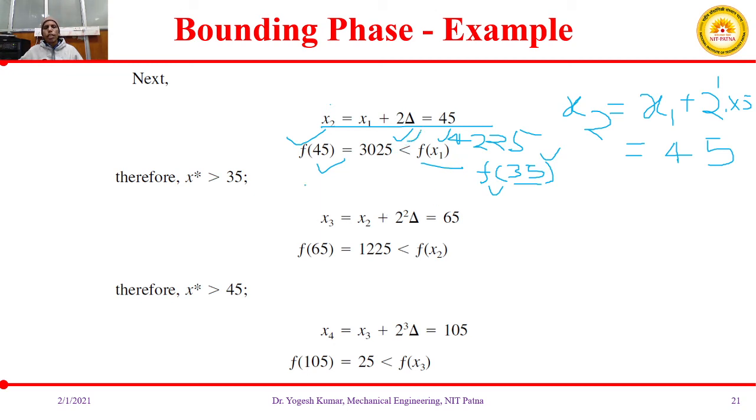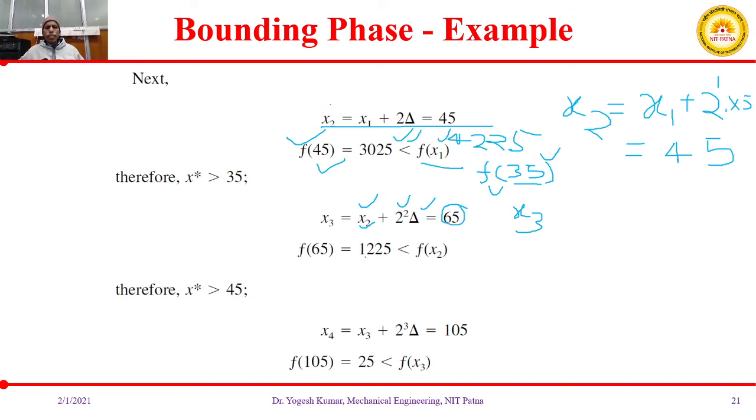Now let us calculate the next value of x, the next step, that would be x3. So x3 equals x2 plus 2 raised to the power 2 into delta. If you calculate, this is 45 plus 2 raised to the power 2, means 4, into 5, this will be 20. 20 plus 45 will come 65.